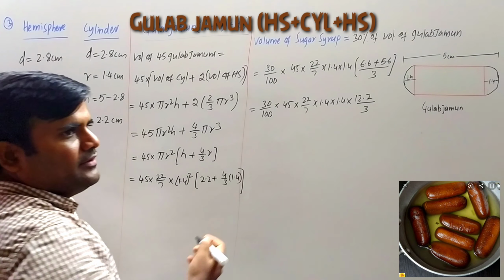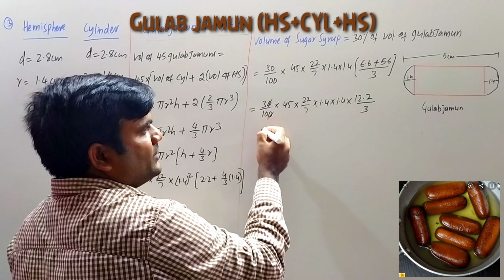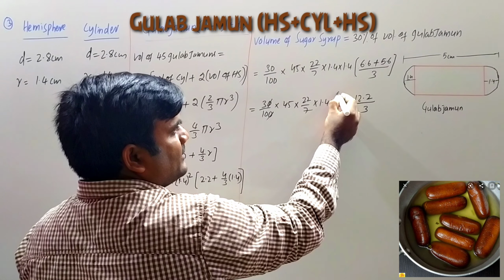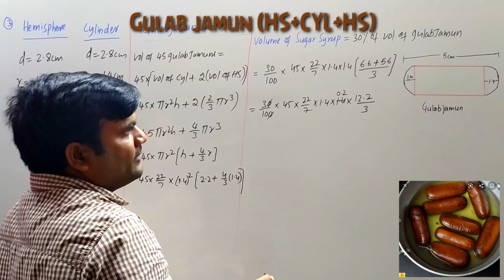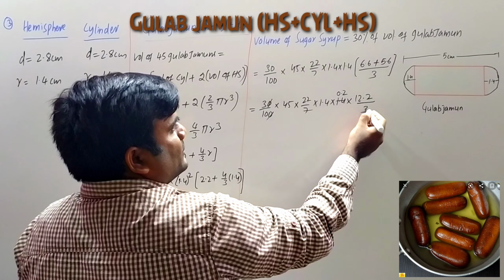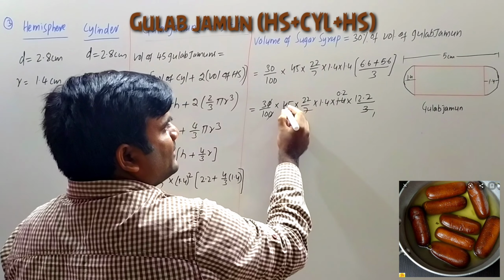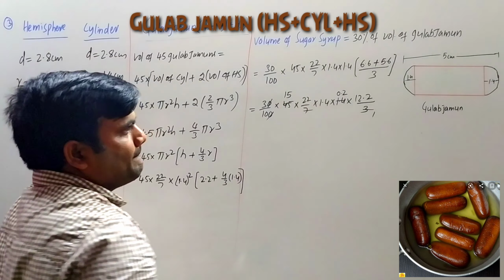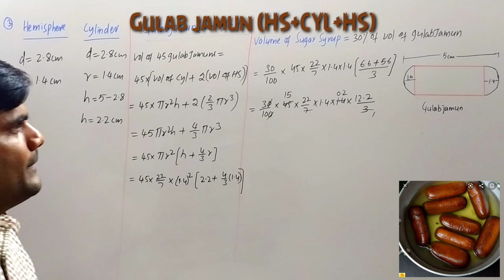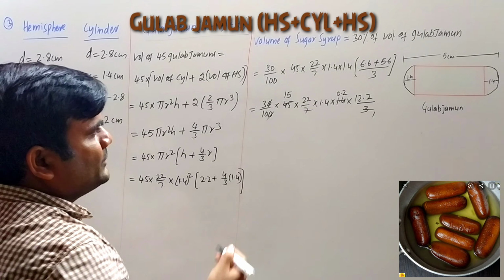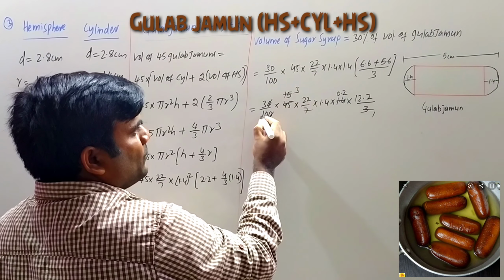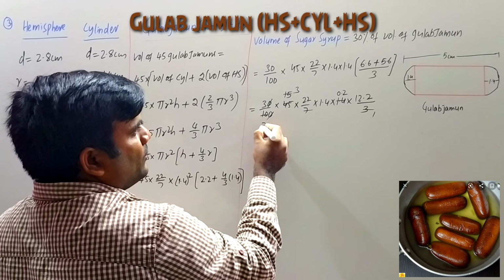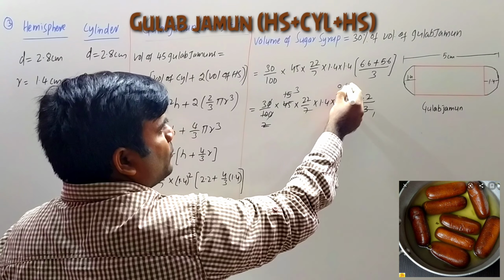Now simplification. 7 1s are 7, 7 2s are 14. Next 3 1s are 3, 3 15s are 45. Next 5 3s are 15, 5 2s are 10, 1 times 0.1.